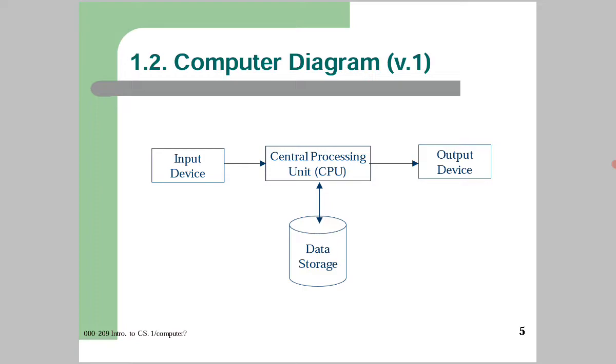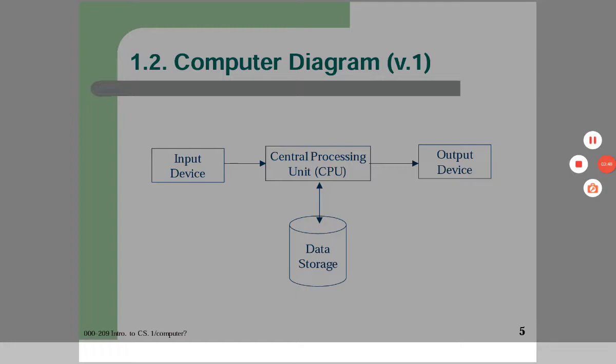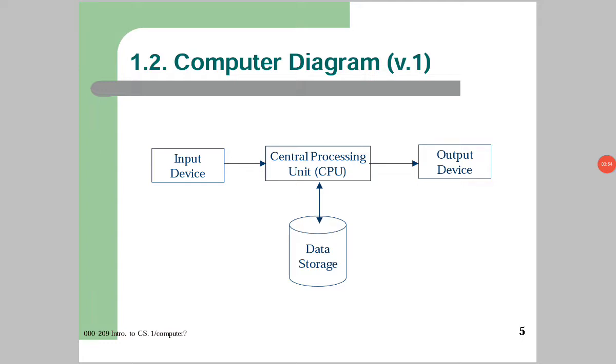By using input devices, the user communicates with the computer by giving some instructions, commands, statements, and these are decoded into a machine readable form and go to the central processing unit, CPU. CPU means it is a processor. The central processing unit contains many other units like arithmetic and logic unit, storage unit, control unit, and other units also.